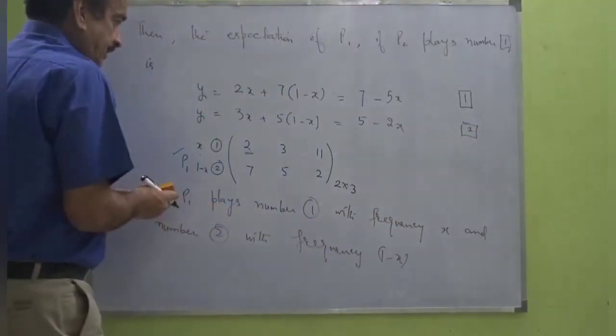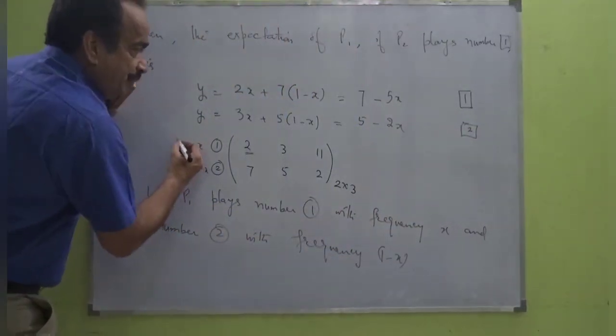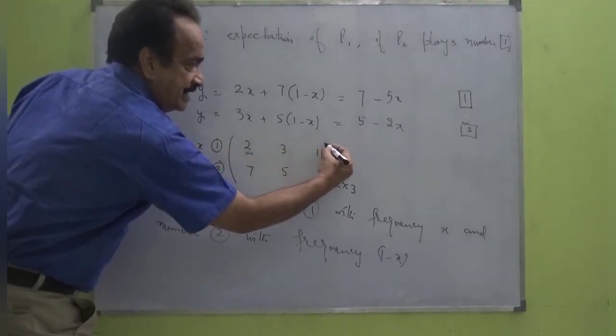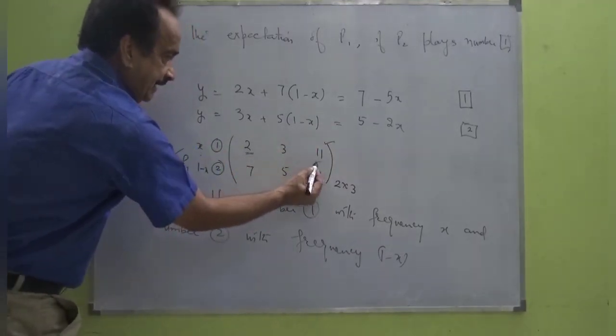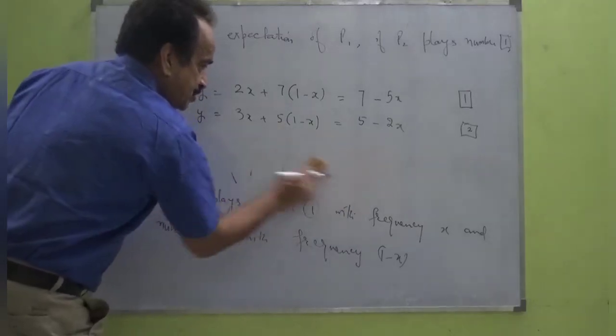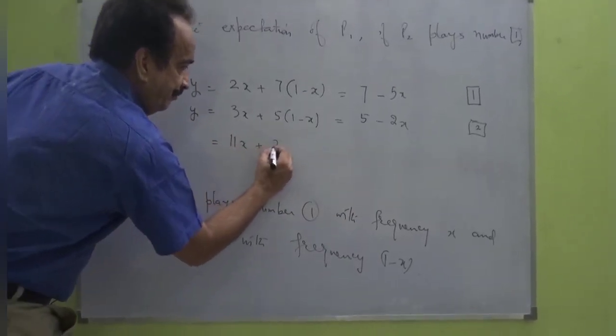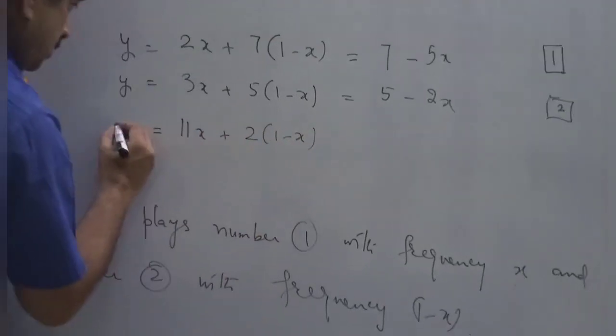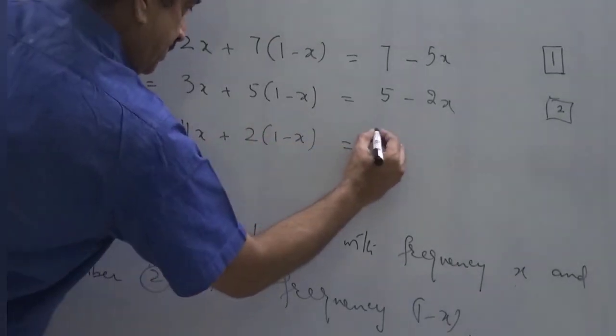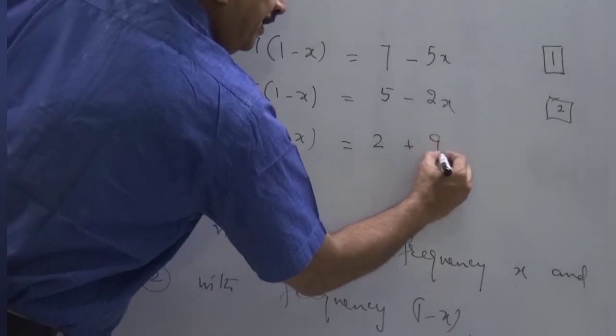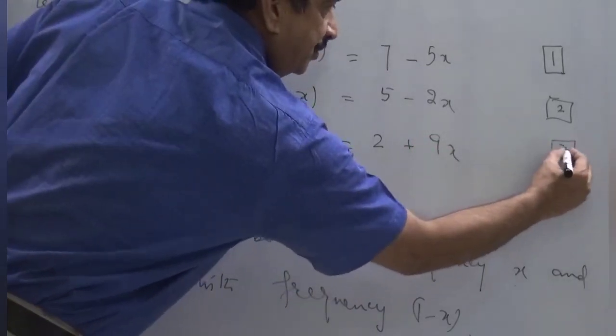And likewise, the expectation of P1 when P2 plays number 3 will be given as 11x plus 2 into 1 minus x, which is equal to 2 plus 9x. Let's call it number 3.